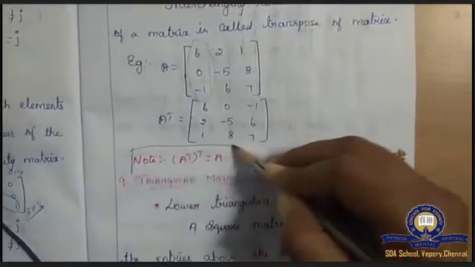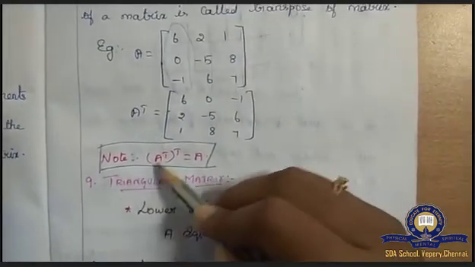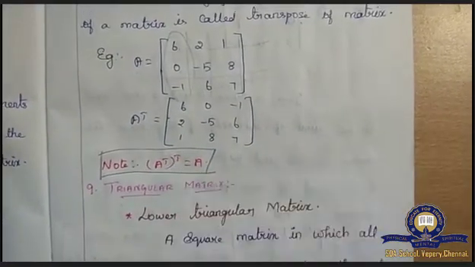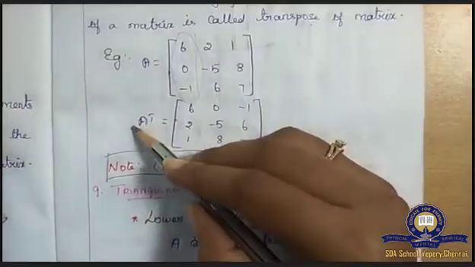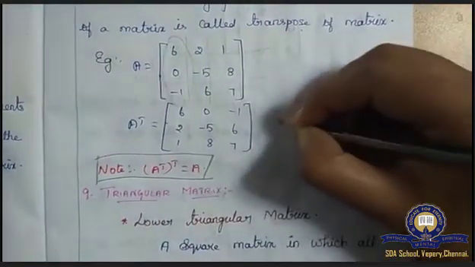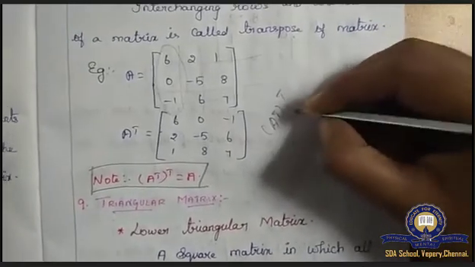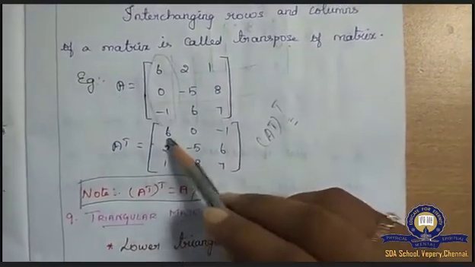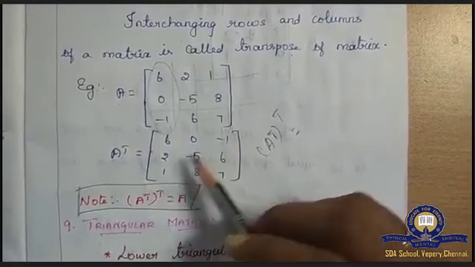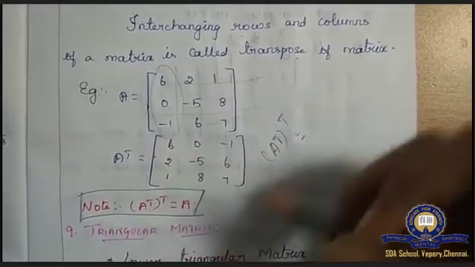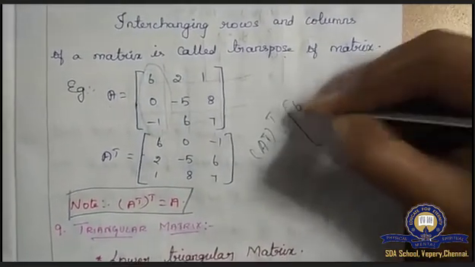Here you want to note one thing, A transpose, the whole transpose is equal to A, right? Here we have found A transpose, right? I am going to find the transpose of A transpose. So what is A transpose here? 6, 0, minus 1. What is transpose? We have to interchange rows and columns, right? Here 6, right?